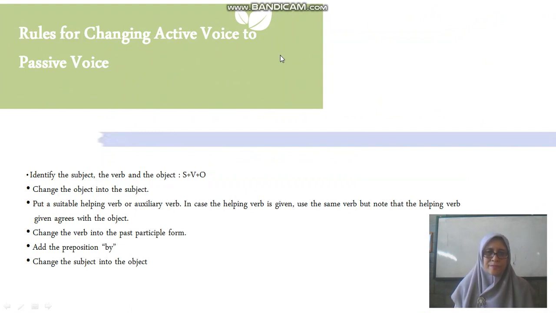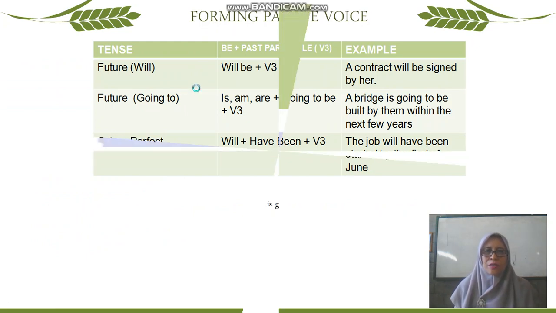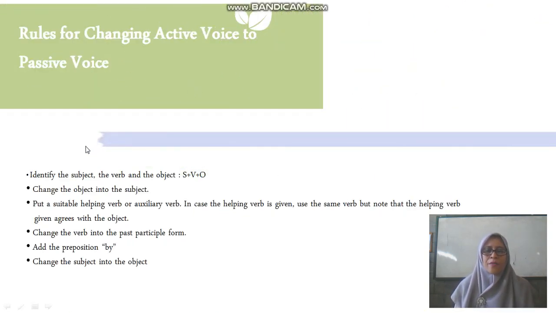Okay, the rules. But before the rules, we can look at the forming here. And then we change to the rules. First of all, you must identify the subject, the verb, and the object of the sentence. After that, change the object into the subject.